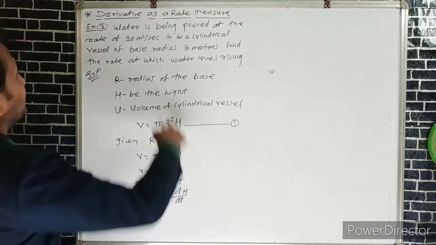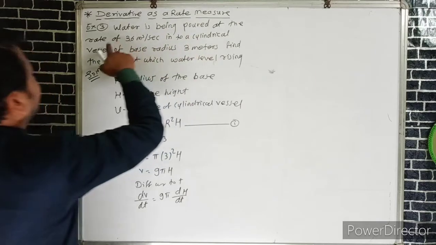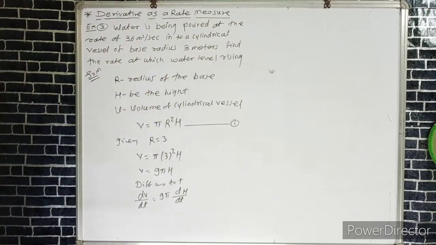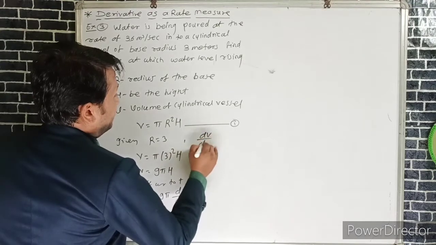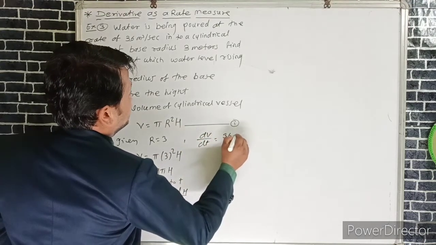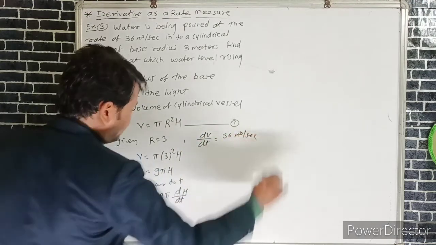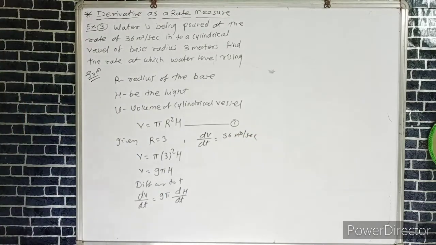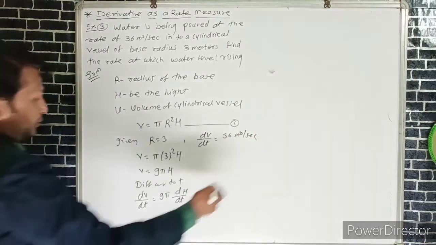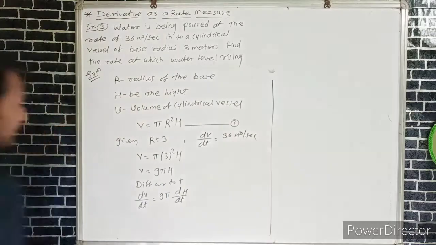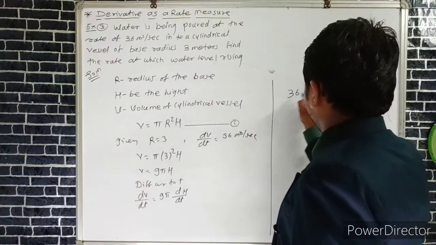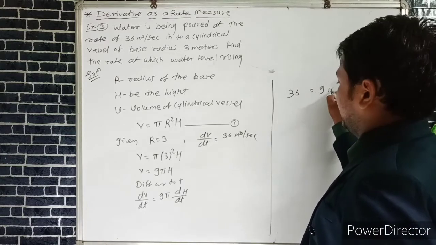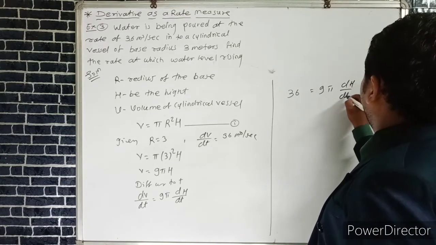And given that water is being poured at the rate of 36 meter cube per second, it means we can also write dv upon dt is equal to 36 meter cube per second. If we substitute the value of dv upon dt, we can write 36 is equal to 9 pi into dh upon dt.